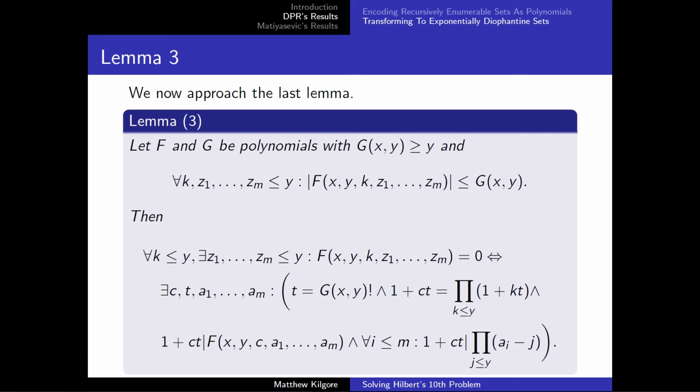Then for all k less than or equal to y, there exists a z less than or equal to y such that f of x, y, k, z equals 0, if and only if there exists a c, here a t, and an a, such that t equals g of x, y factorial, and 1 plus ct equals the product of all k less than or equal to y of 1 plus kt, and 1 plus ct divides f of x, y, c, a, and for i less than or equal to m, 1 plus ct divides the product of all j less than or equal to y of a_i minus j.